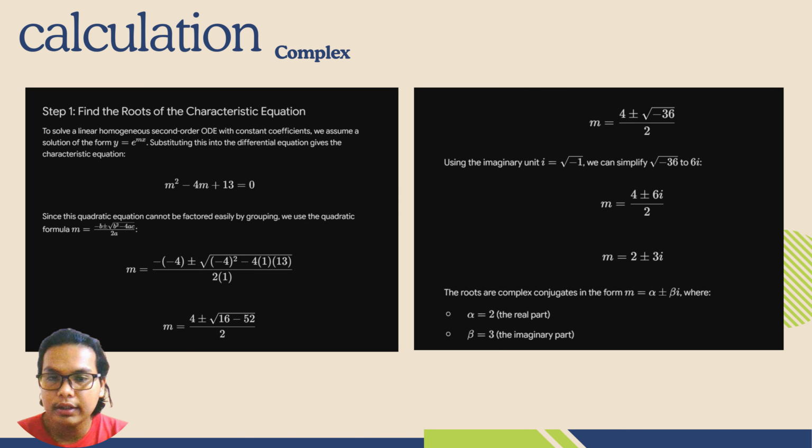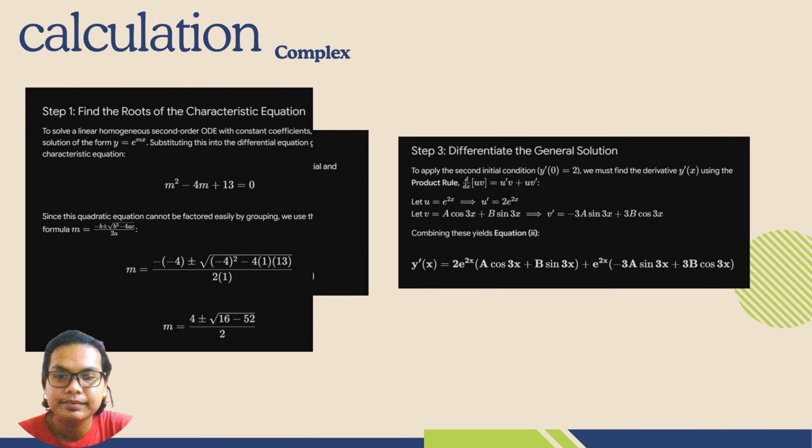So the roots for this equation are imaginary, complex conjugates, which is m equals to alpha plus beta i, where the alpha in here is equals to 2, which is the real part, and beta equals to 3, which is the imaginary part.